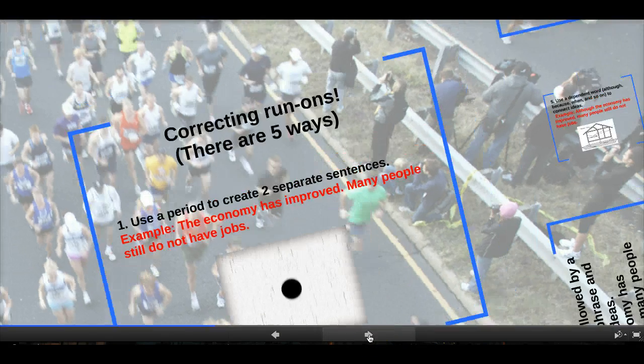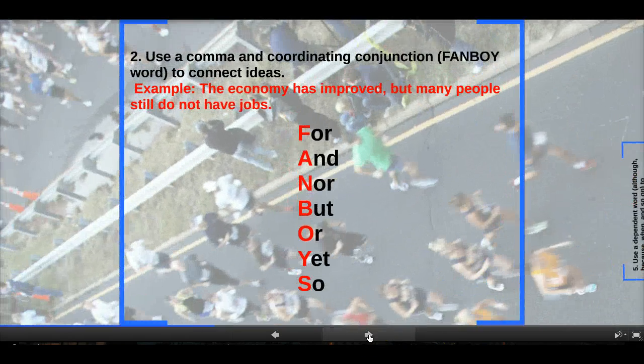The second way is to use a comma and a coordinating conjunction, also known as FANBOYS words, to connect our ideas. So: The economy has improved, comma, but many people still do not have jobs. We take one of these FANBOYS words and combine it with a comma, and now we have a correct way of connecting two complete ideas.